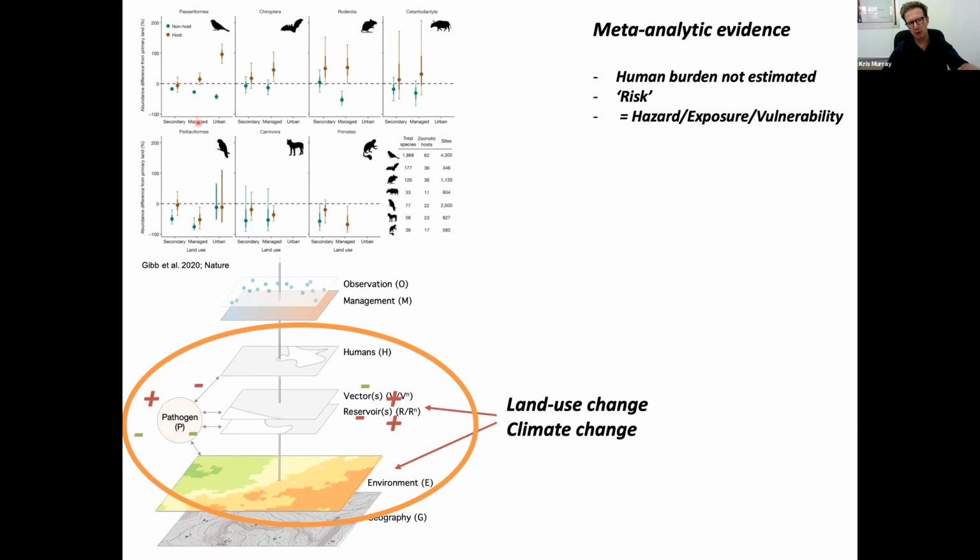However, when you move along the x-axis here, you're moving into increasingly disturbed habitats, and what we see in these data is that the proportion or abundance of zoonotic reservoir hosts increases relative to non-hosts. This is one plausible explanation for a generic increase in risk, although this is not measured as an outcome in humans.